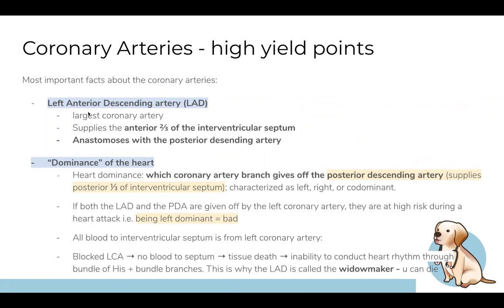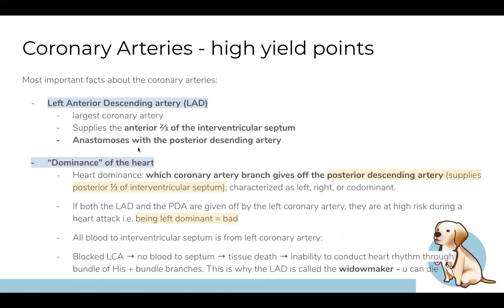So firstly, your LAD. It is the largest coronary artery. That supplies the anterior 2/3 of the interventricular septum. That always comes off the left coronary artery because it's in the name, left. And the important thing is this anastomoses with the posterior descending artery.